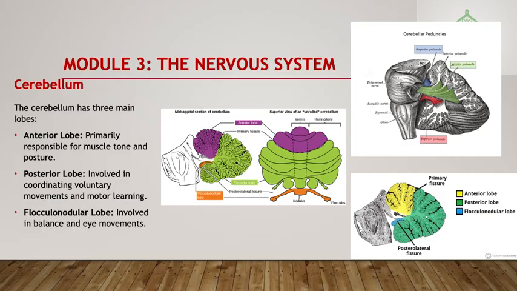This is a flat illustration of the complete cerebellum, where you have the vermis in the midline, and in the anterior purple coloration, that is the anterior lobe, and then the posterior lobe is in green. Dividing the anterior lobe and the posterior lobe is what we refer to as the primary fissure.